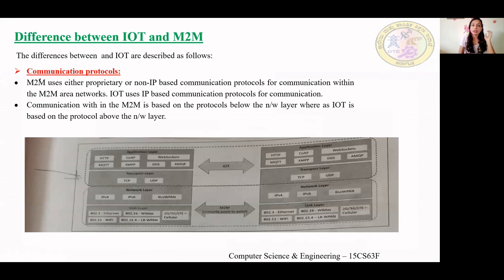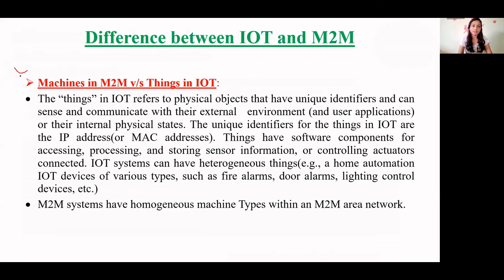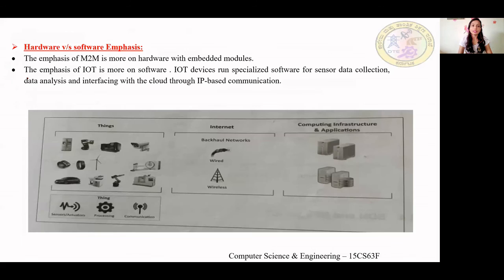They have described the difference between IoT and M2M based on these things. One is communication protocol. Second is what is there in the network. In machine to machine, machines are there. In IoT, things are there. Third is emphasis: importance given to hardware or software.